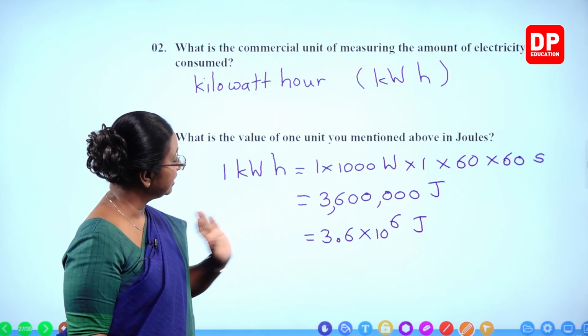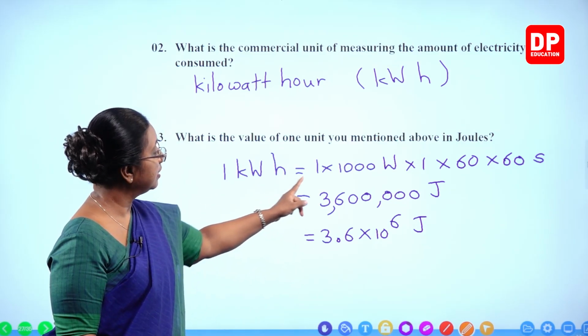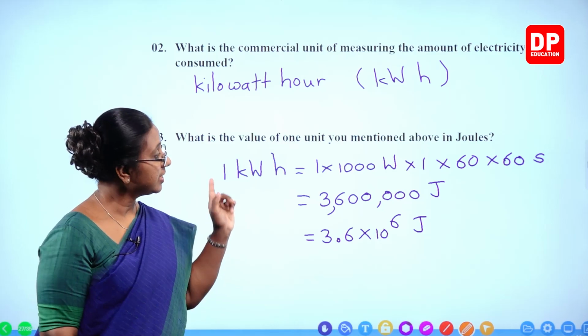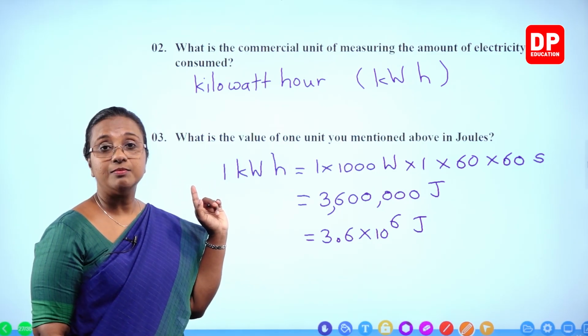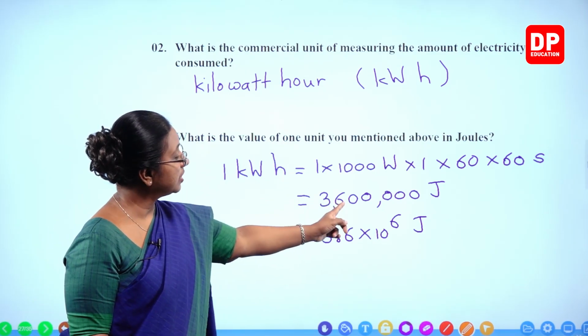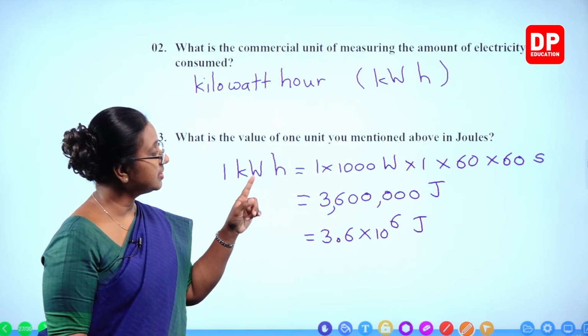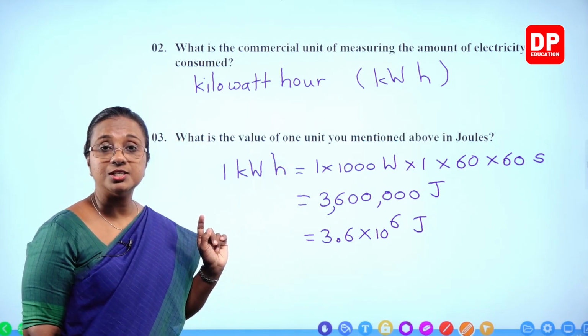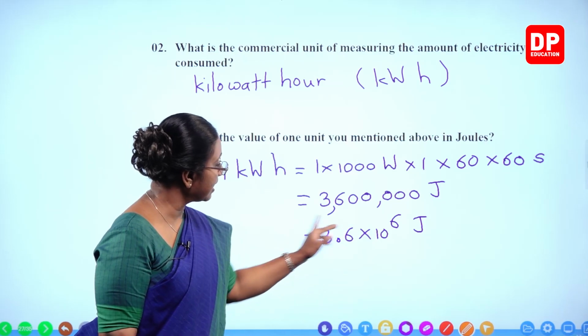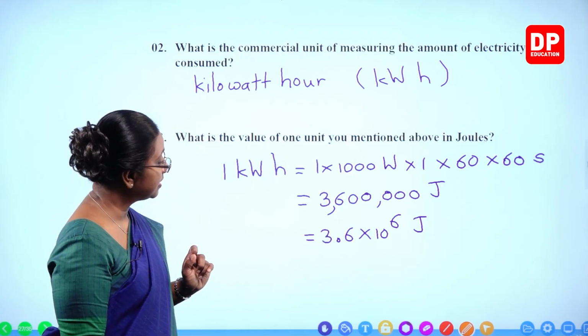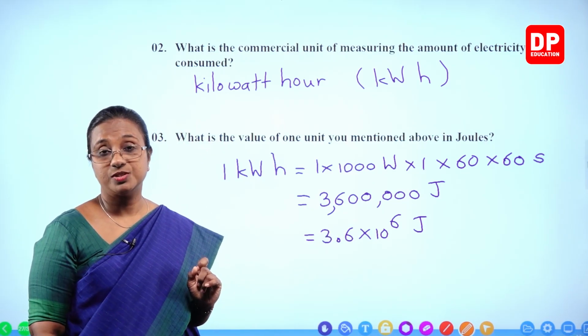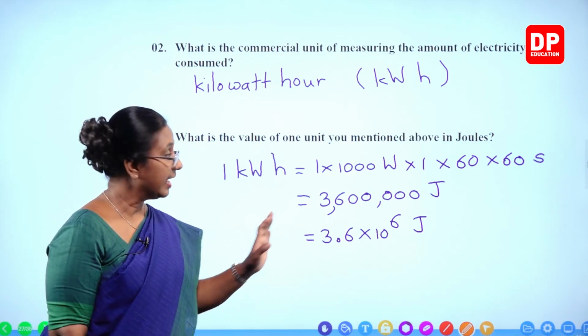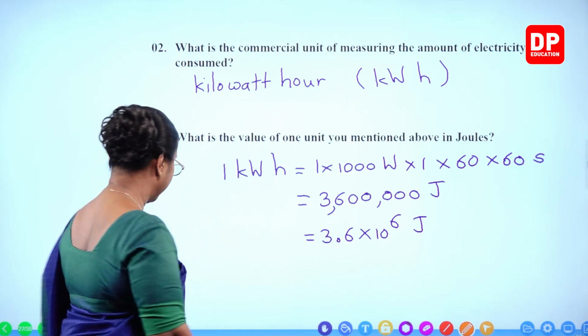You all are familiar with this calculation. Kilowatt hour, you need to convert to watts, and then convert the time to seconds. So 1000 to convert to watts, 60 into 60 to convert hours to seconds. So you get the answer as 3.6 into 10 to the power of 6 joules. Then we'll move on to the next slide.